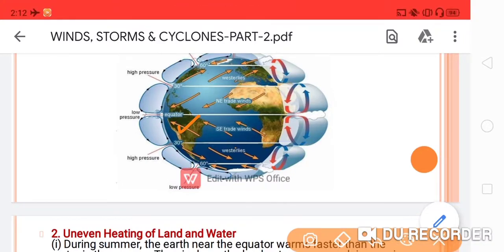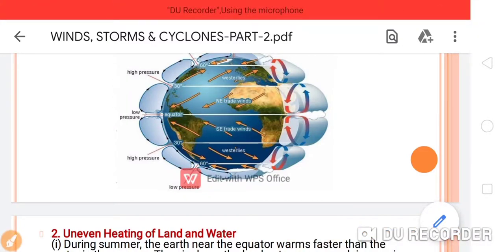So the air in this area absorbs the heat and starts moving upward, and a cavity is created here due to the escape of the warm air. This cavity is occupied by the cold air which comes from the Antarctic areas. So this is the reason behind how wind currents are generated. I hope students you have understood this concept.